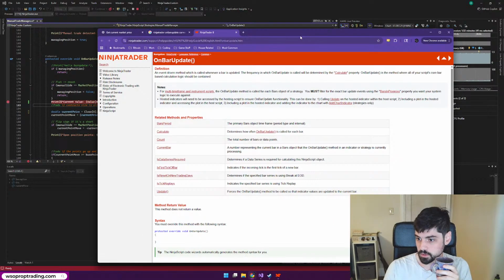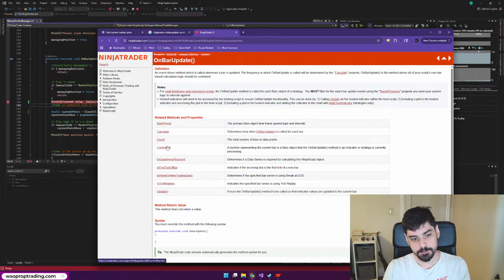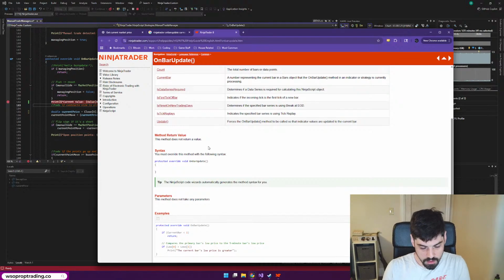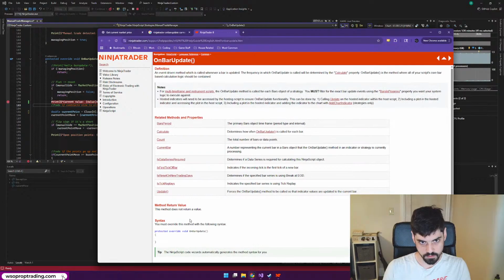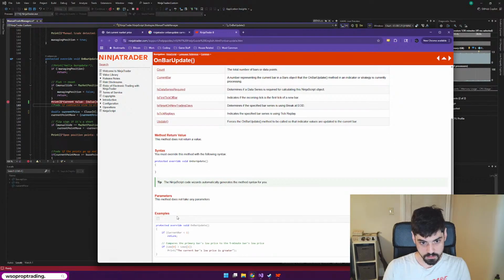I got NinjaTrader up on the other screen. I'm just trying to understand some stuff. I guess current bar close would make sense because it's just like the current price. Because if the bar ends, that's what it closed at. I guess so.